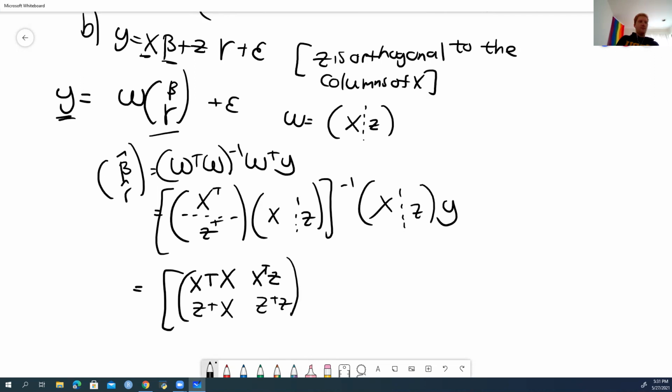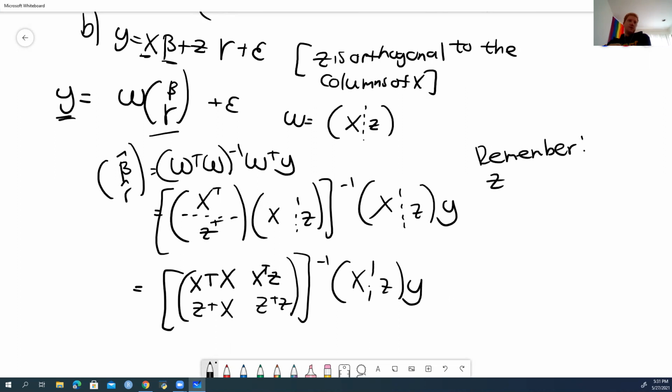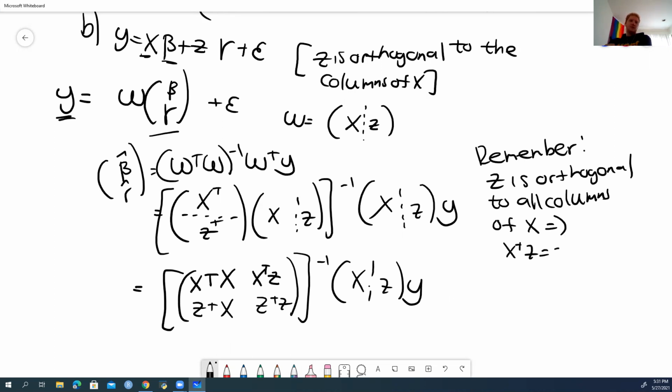But remember the inverse. Remember that Z is orthogonal to all columns of X. So that implies that X transpose Z is equal to 0, and also Z transpose X is equal to 0.